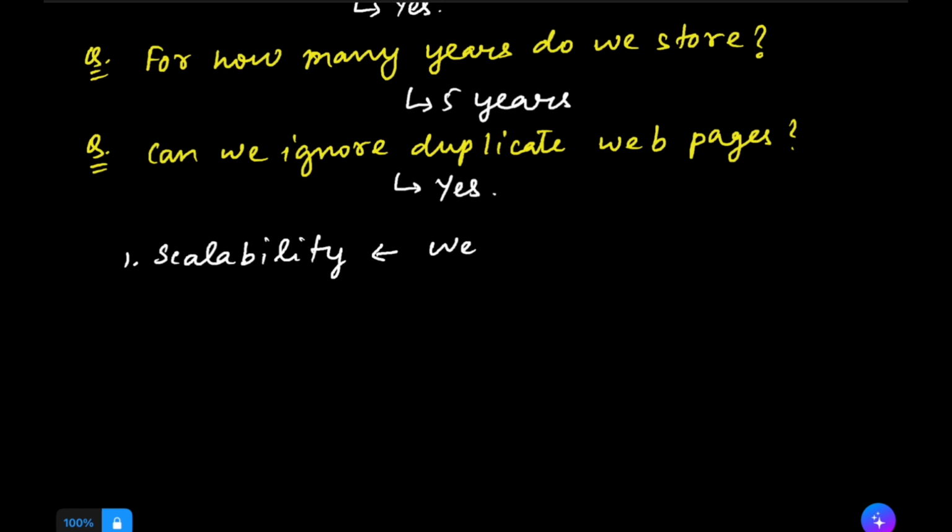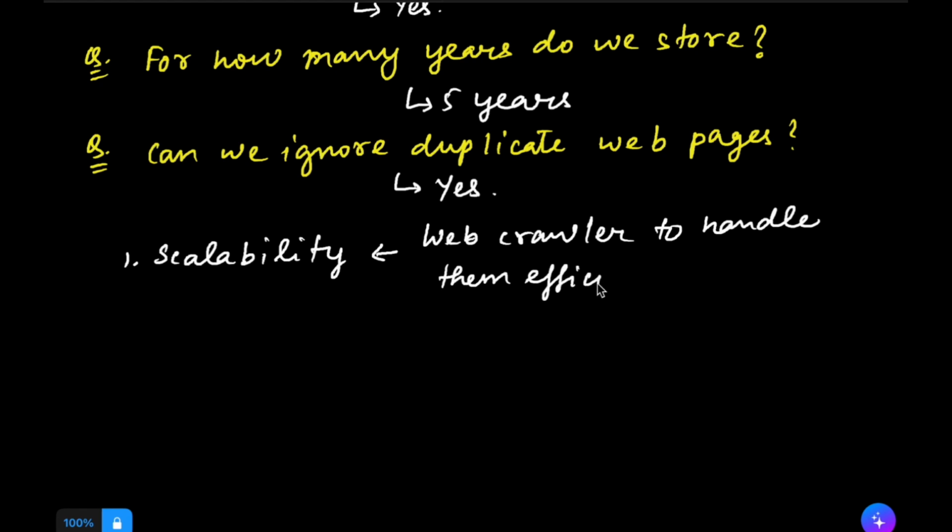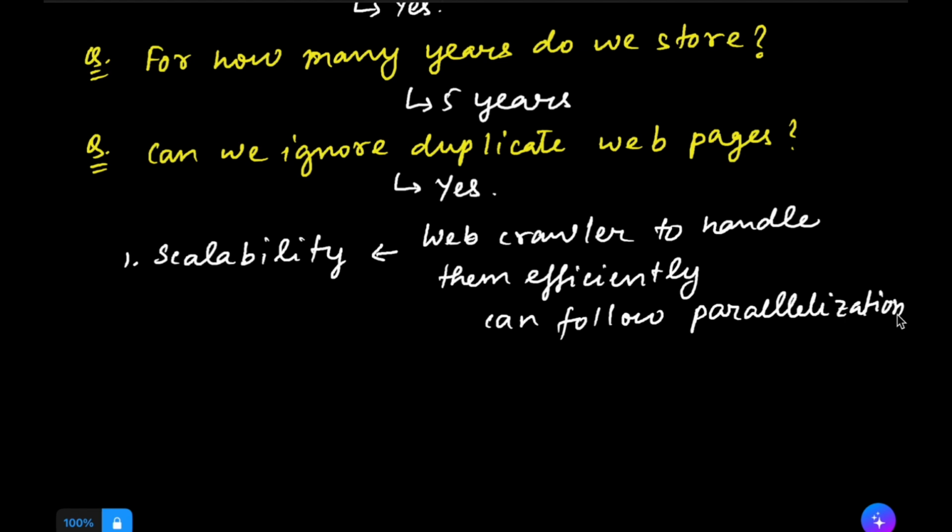Since there is a huge number of pages present on the web, to handle them efficiently, the web crawler can follow parallelization.